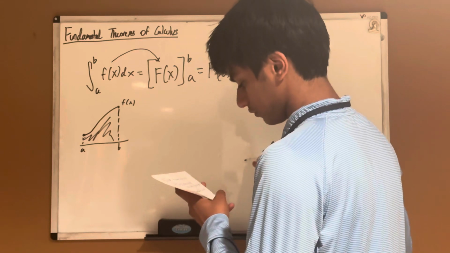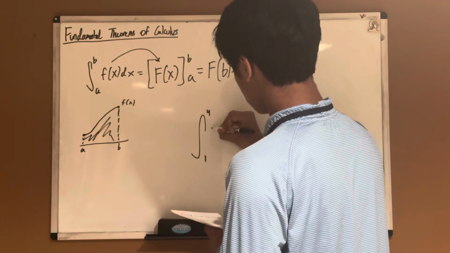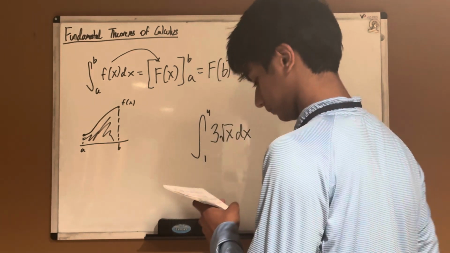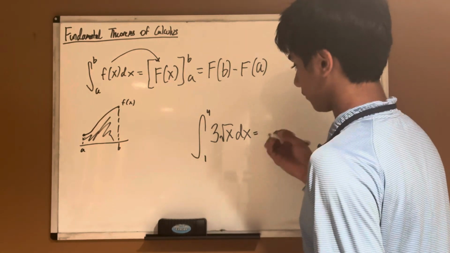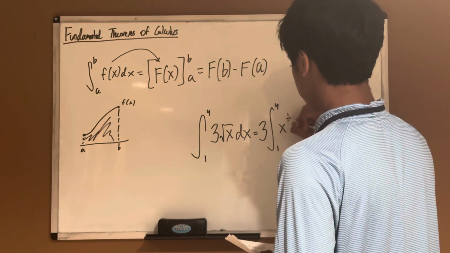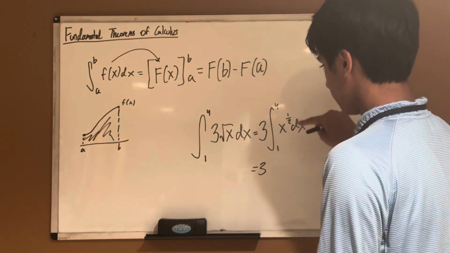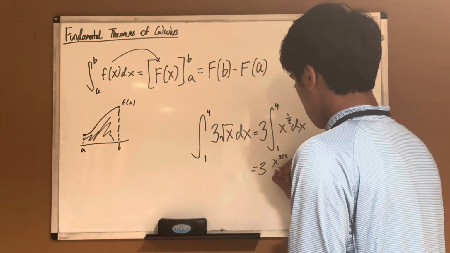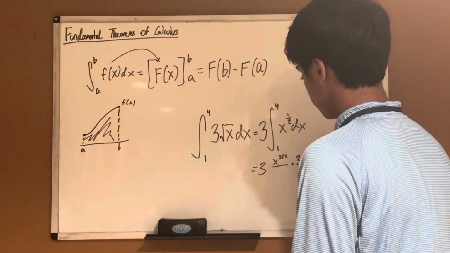Let's say we have the question, the integral from 1 to 4 of 3 square root of x dx. For this question, we can first move the 3 to the front based on integral rules, and then integrate x to the 1/2 dx using the power rule. By the power rule, 1/2 plus 1 is 3/2, so x to the 3/2 over 3/2, which becomes 2/3.